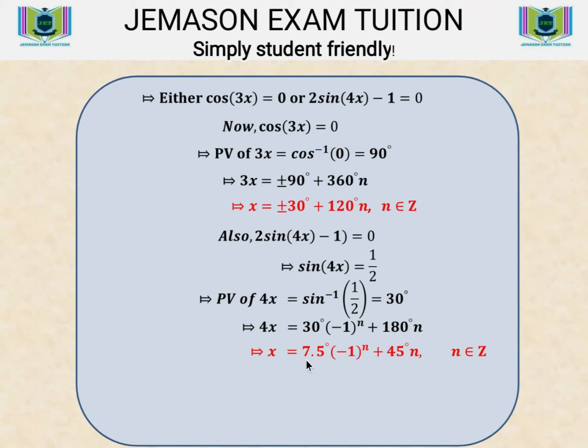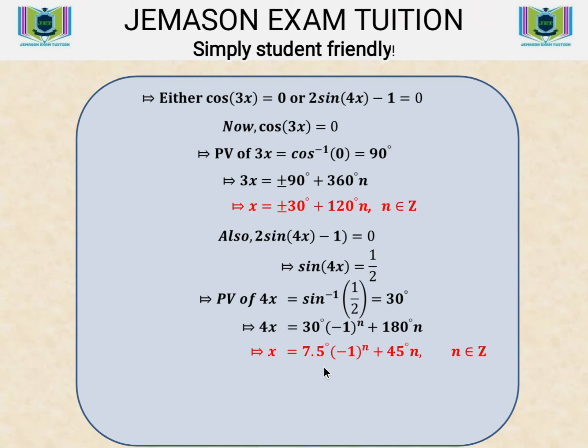So 1 times 7.5 degrees gives 7.5 degrees as one of the solutions. And if you verify again in the equation, you will see that it satisfies the equation.